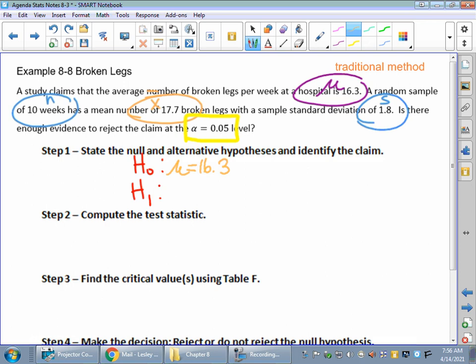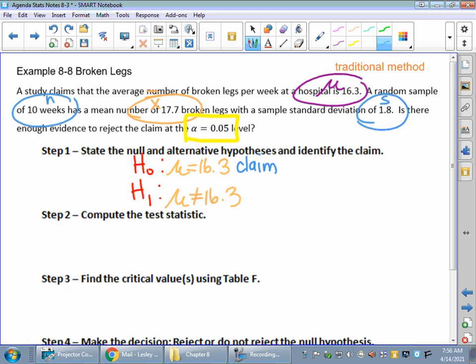The average number of broken legs per week is 16.3. Is there enough evidence to reject the claim? Does it tell us that we're looking for more or less? It doesn't, right? So it's just going to be mu is not equal to 16.3. And their claim is that there are 16.3. So our claim is our H sub 0.